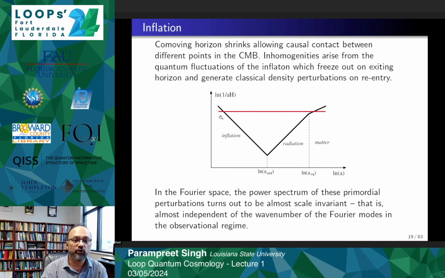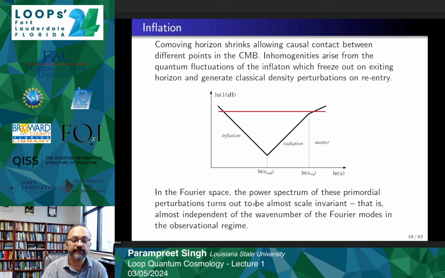Now, the inhomogeneities which we see in the CMB arise from certain quantum fluctuations of the inflaton. These quantum fluctuations have a physical wavelength, which is shown by this red line here. These move out of the comoving Hubble radius, they freeze once they are outside the horizon, and then they re-enter in the matter-dominated phase or in the radiation-dominated phase, and so on.